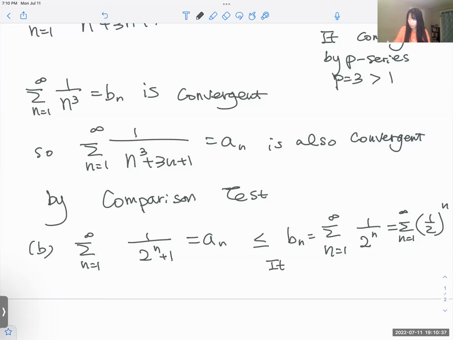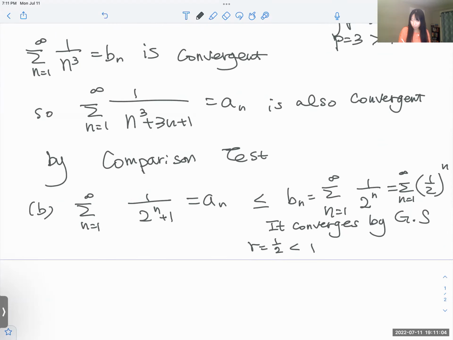Converges. Why? Geometric, r equal to 1/2 is less than 1. Good. Okay, so it converges. Very good. So since B sub n converges, then we can conclude A sub n converges by comparison test.